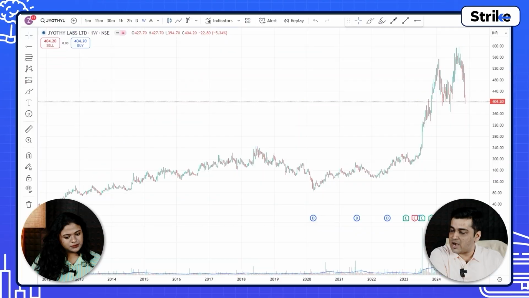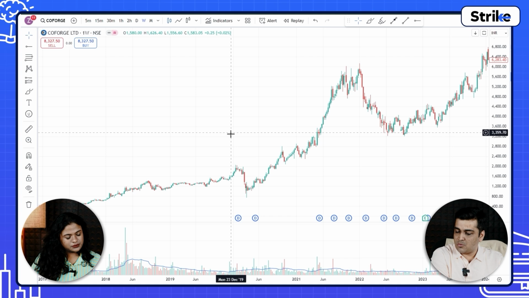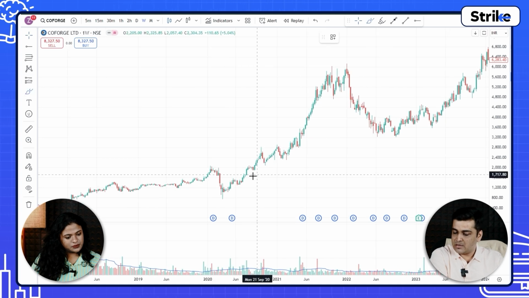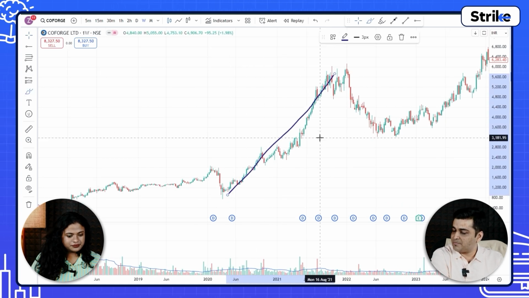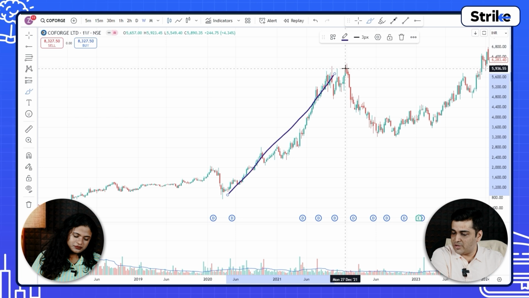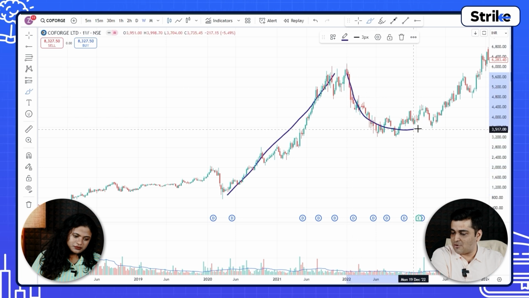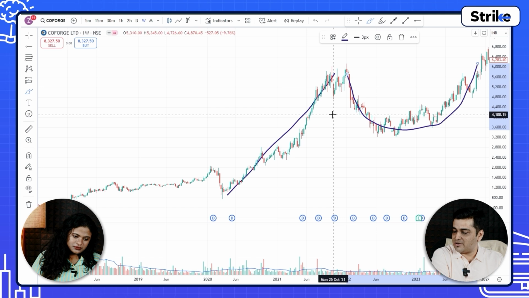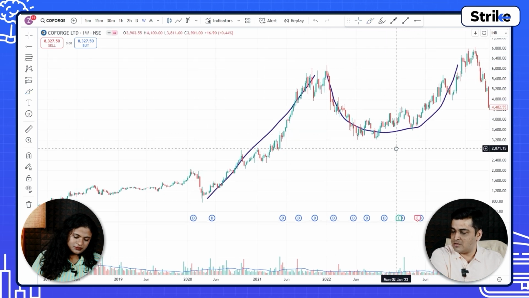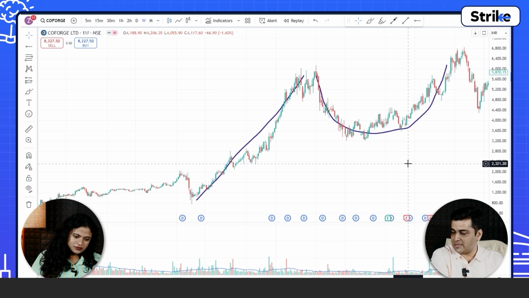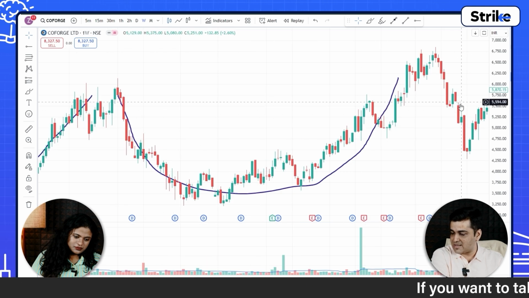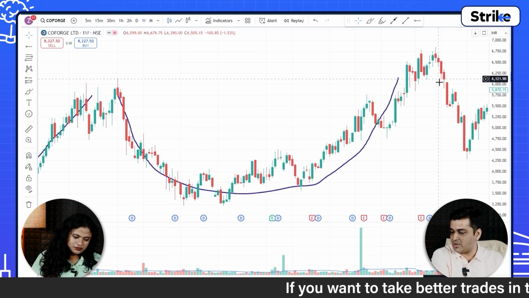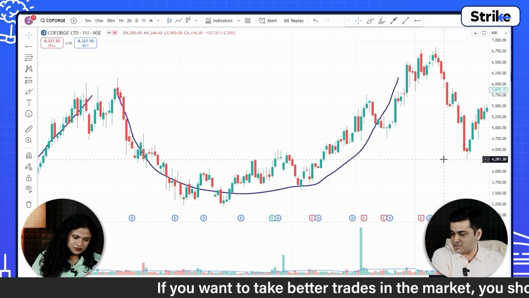Let's look at Coforge. Now, what is the trend? Uptrend. After an uptrend, we got a gradual fall and a bottom over here, forming a cup. After this cup is formed, the prices came down sharply, forming a handle kind of formation.